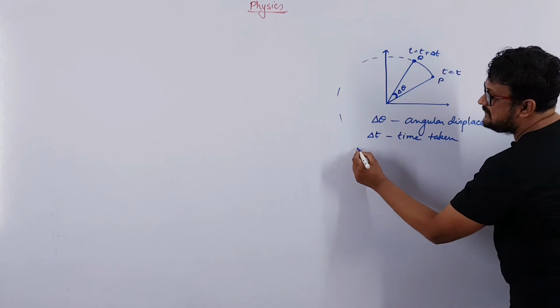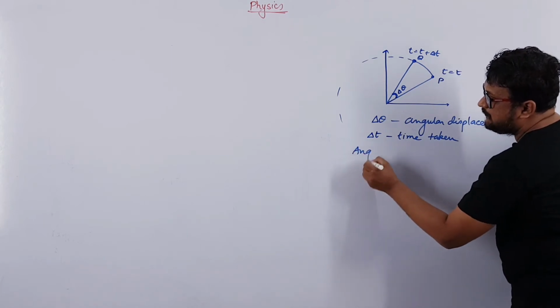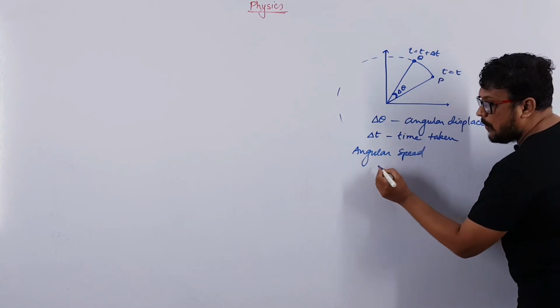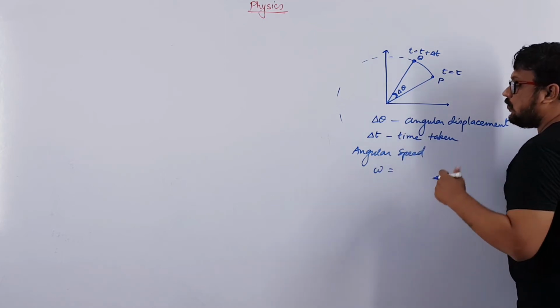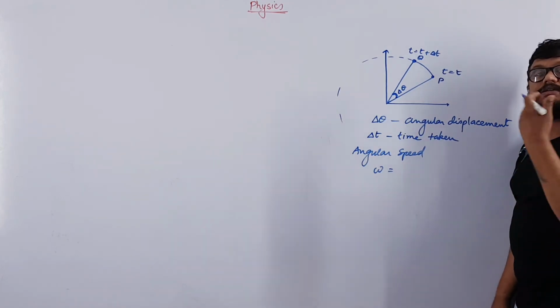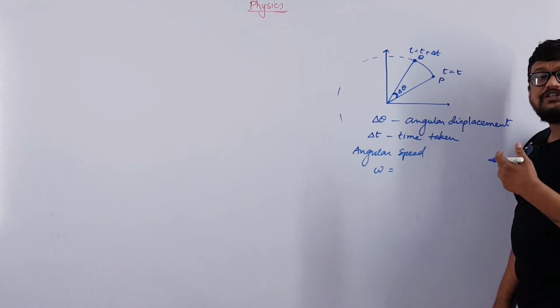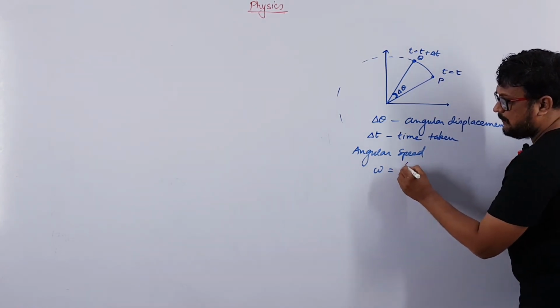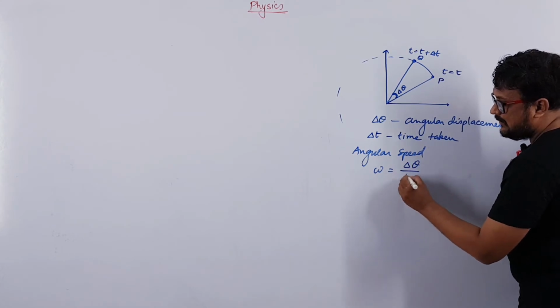So here we can say that angular speed, its symbol is omega, which is defined as, look, what is speed? Distance upon time. So what is angular speed? Angular distance upon time, or angular velocity is angular displacement upon time. So that is delta theta by delta t.